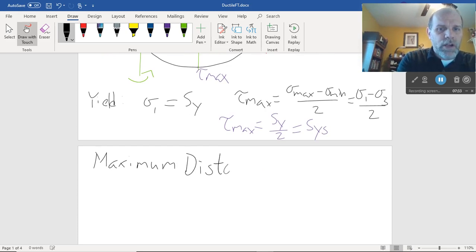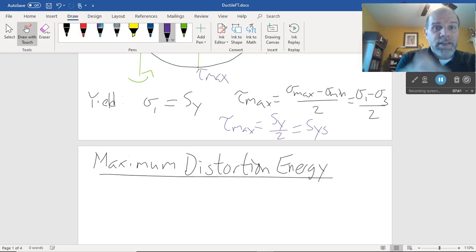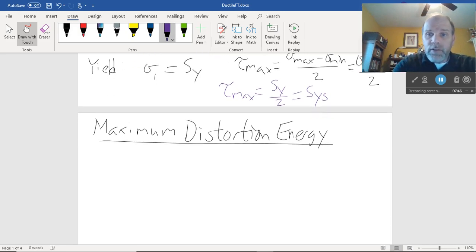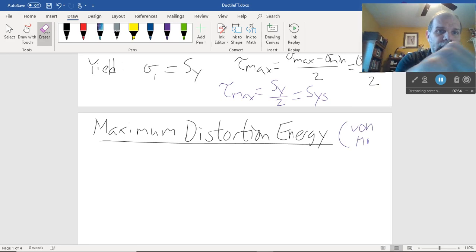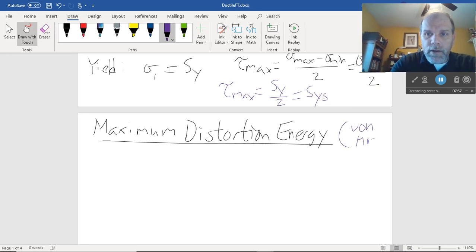the maximum distortion energy theory. And to give another name to this, because of course it has another name, it's also called the von Mises theory. That's M-I-S-E-S. Again, the person who put it together.